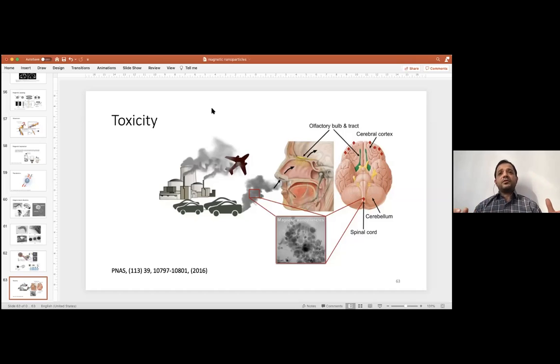In the case of glioblastoma multiforme, 27% survive the first year and 6% survive the second year. So having some concentration of magnetic nanoparticles inside your body to increase the patient's life expectancy is the key.